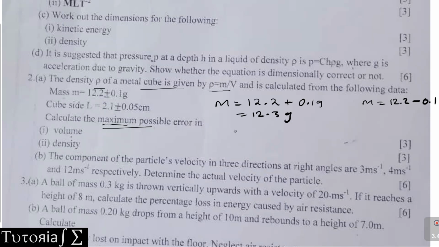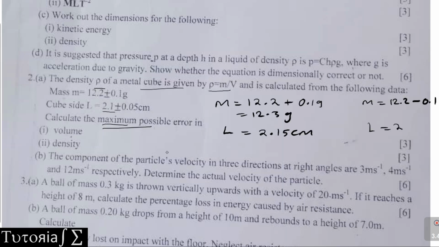And the cube's length, which is L, for the maximum possible error, will be adding 0.05 to that. So this would be 2.15 centimeters. Okay, so that is 2.1 plus 0.05 for the maximum, and for the minimum, this is equal to 2.1 minus 0.05.